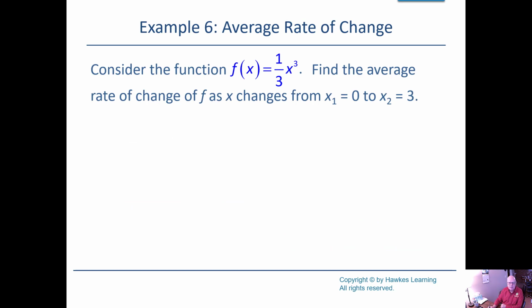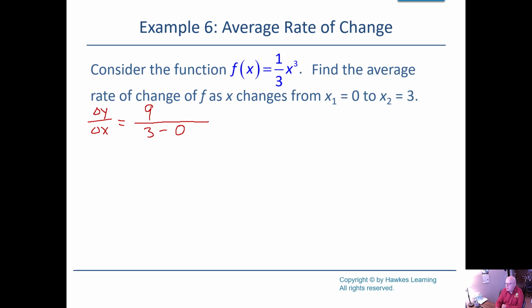How about this one? We'll start with delta y over delta x to get our average rate of change. We're going from 0 to 3, so in the denominator we'll have 3 minus 0. In the numerator, if we put a 3 in where the x is, that's going to give us 3 cubed, that's 27, divided by 3. The function value will be 9 for an input of 3.